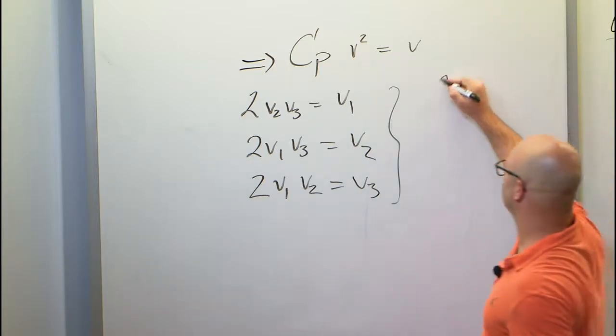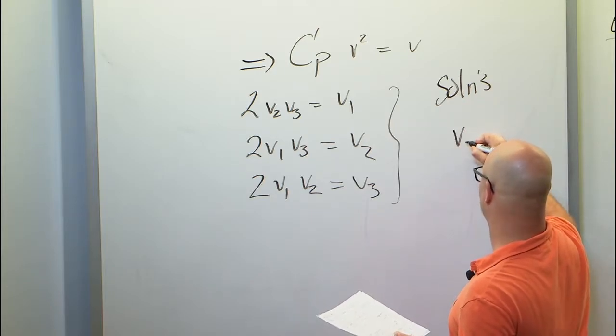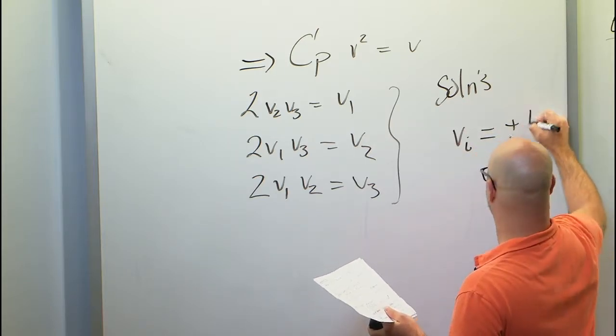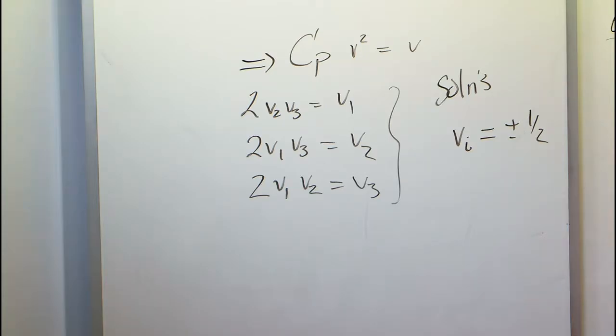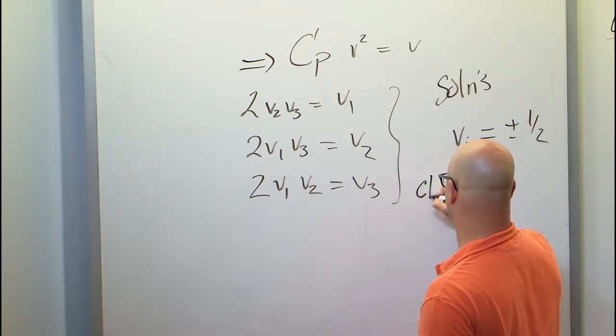Okay, so the solutions. Well, maybe you can see right away that I need v_i to be equal to plus or minus a half. And then some of the signs are going to work and some of the signs are not going to work. So check the signs.